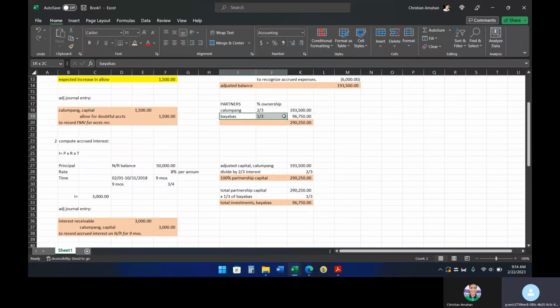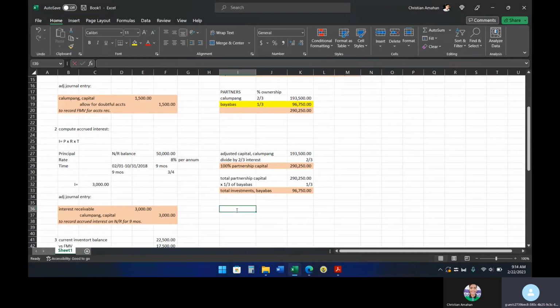So this is the answer for requirement number 2. So, partner Bayabas is to invest cash at 96,750 to gain 1/3 interest in the partnership business.